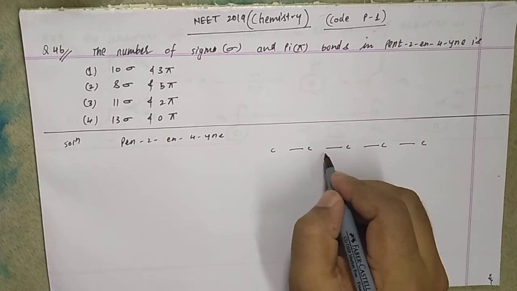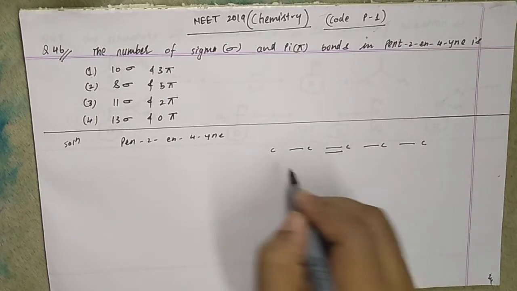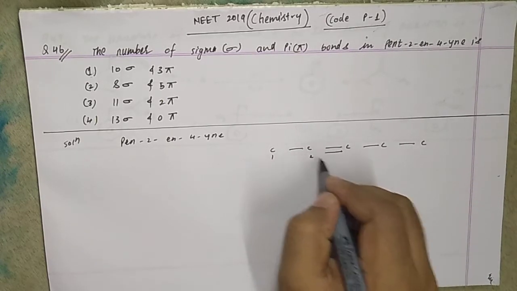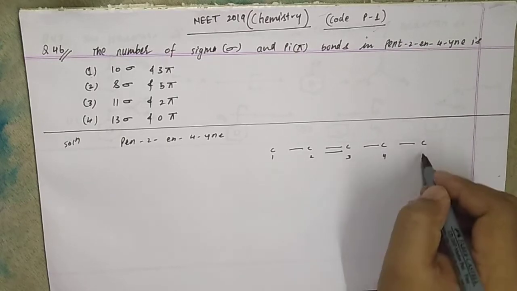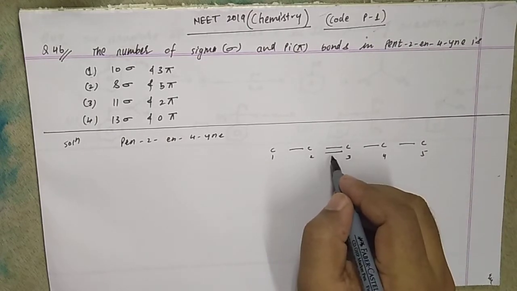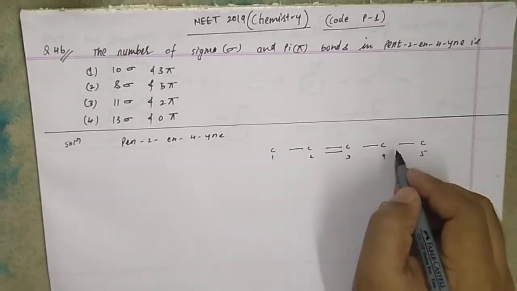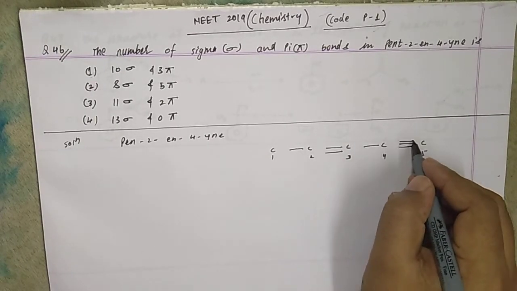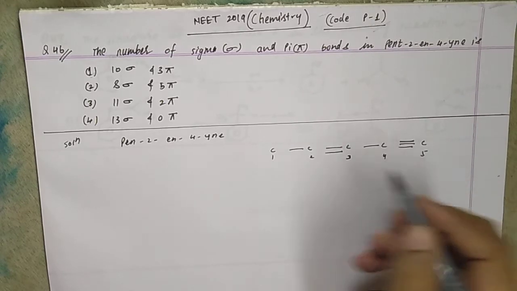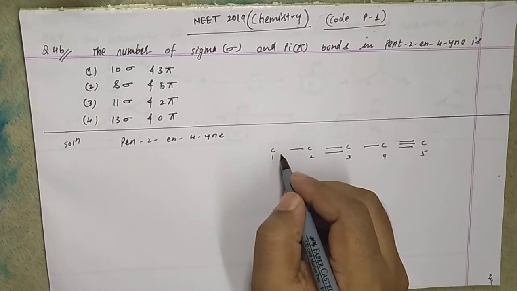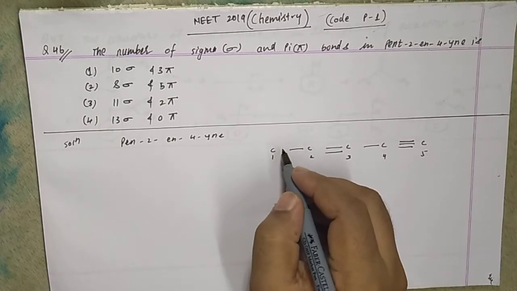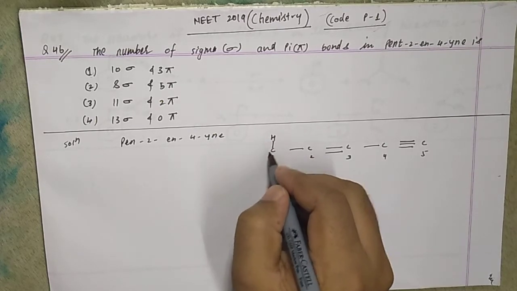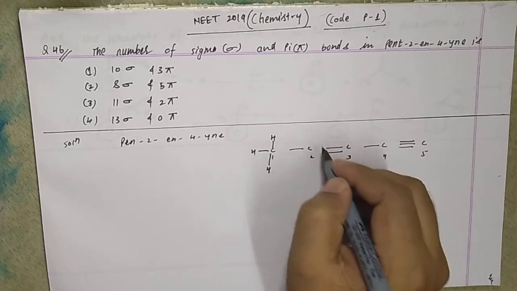Now on the second position there is a triple bond. Suppose you are counting 1 2 3 4 5, so pent-2-yne has a triple bond at the second position. Now in the rest of the places there will be hydrogen atoms. So here is hydrogen, here is hydrogen, and here is hydrogen.